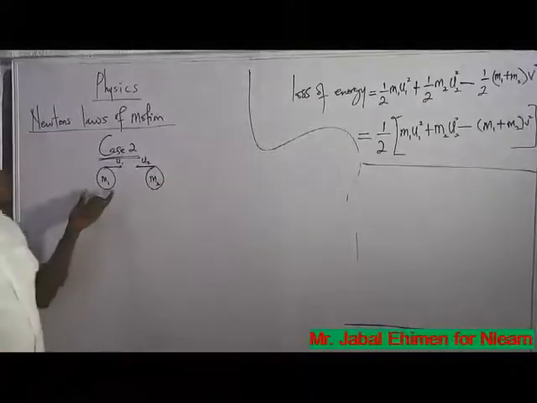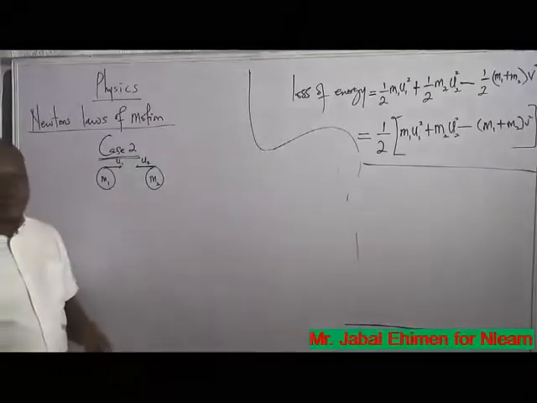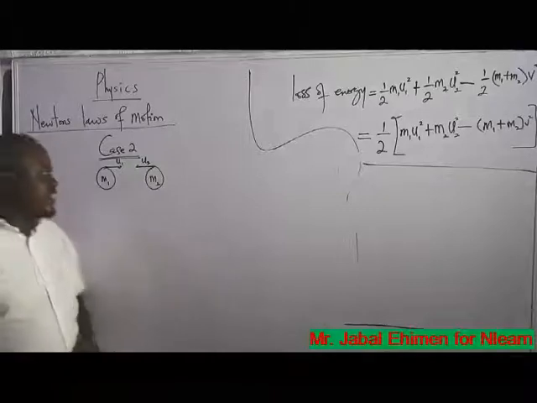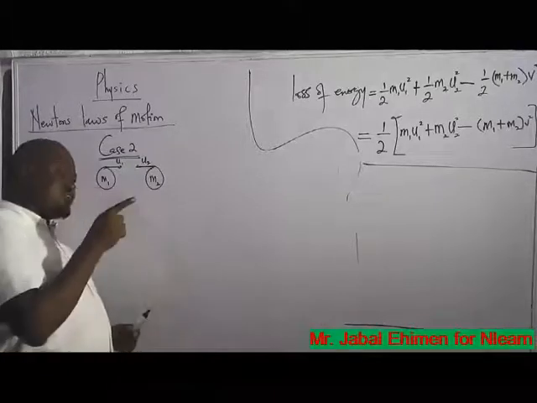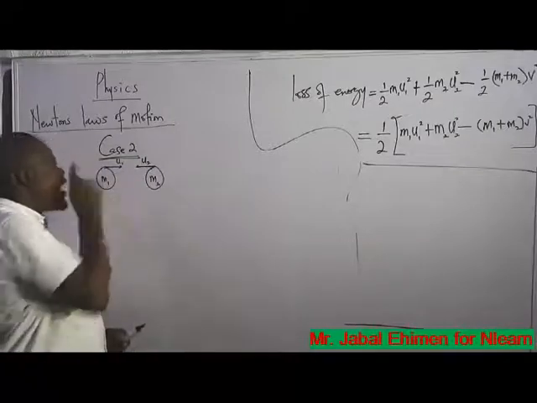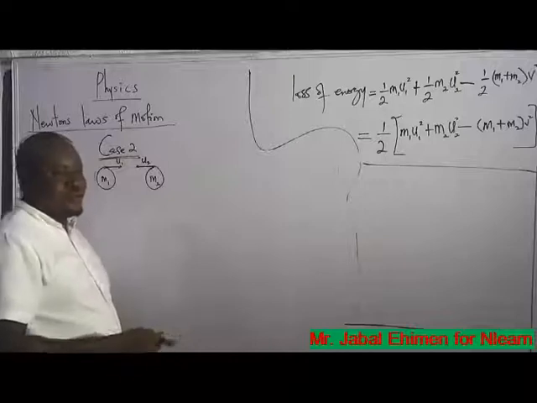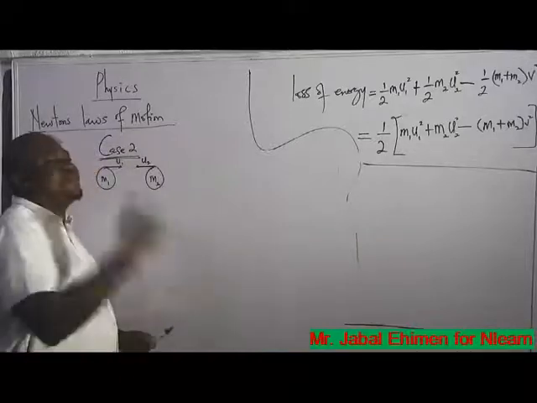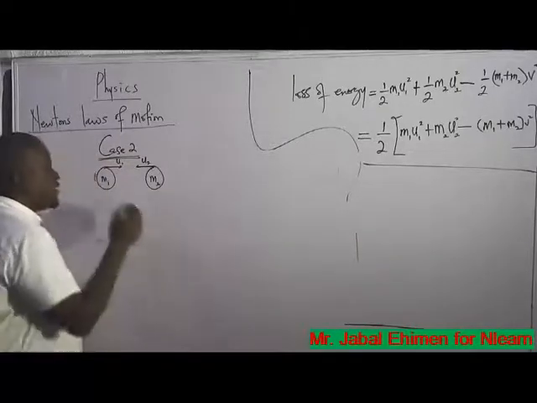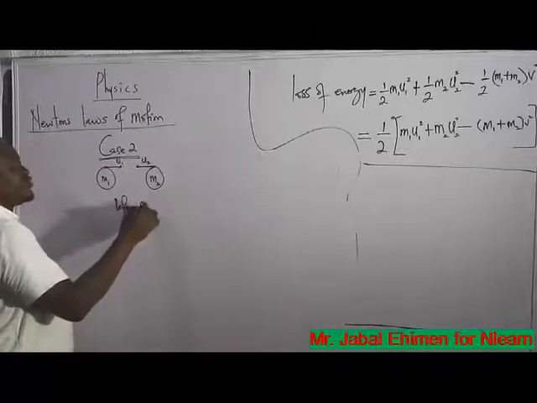So M1 is moving in this direction, while M2 is moving in the opposite direction. In the first case we considered, M1 was moving in the same direction as M2. But in case 2, M1 is moving in an opposite direction to M2, and M2 in an opposite direction to M1. Now, this was before collision.